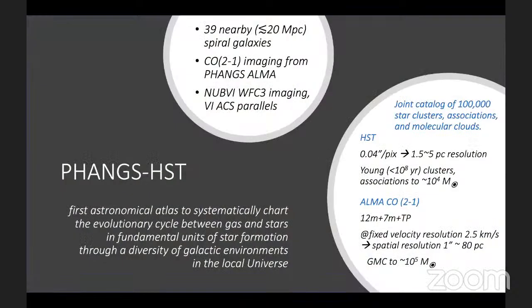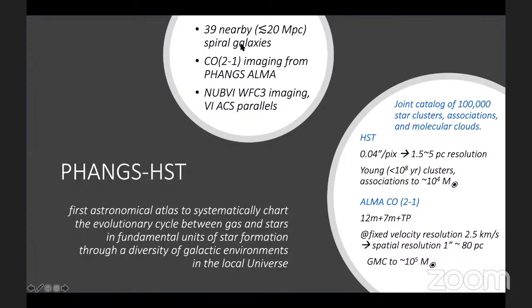So to reiterate, with PHANGS-HST, what we seek to do is to build the first astronomical atlas to systematically chart the evolutionary cycle between gas and stars and the fundamental units of star formation through a diversity of galactic environments in the local universe.